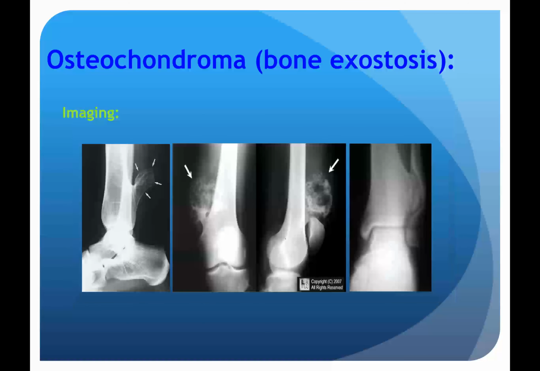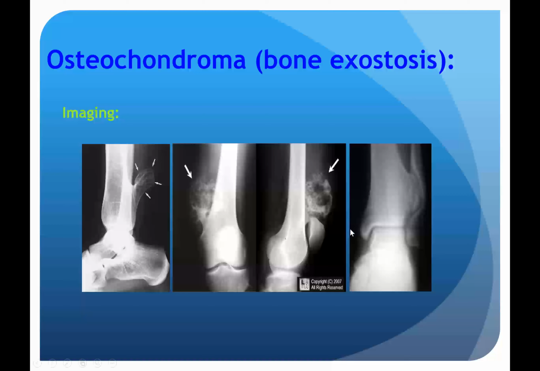Imaging, we see it is clear by X-ray that there is a tumor, as enchondral ossification arises in the metaphyseal diaphyseal junction, and it is clear.